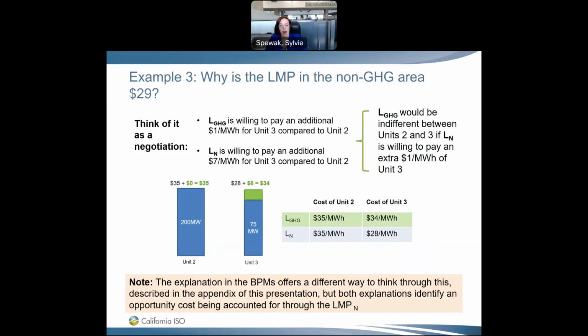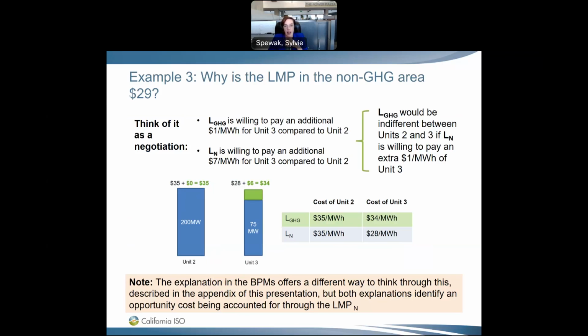So if you go to the appendix, I walk through another way to think through this redispatch situation. And the BPMs also explain how we would redispatch these resources when you increase load in the non-GHG area by 1 megawatt.